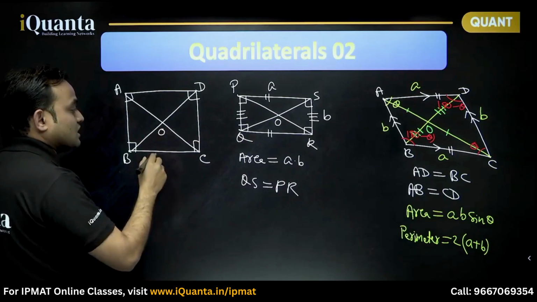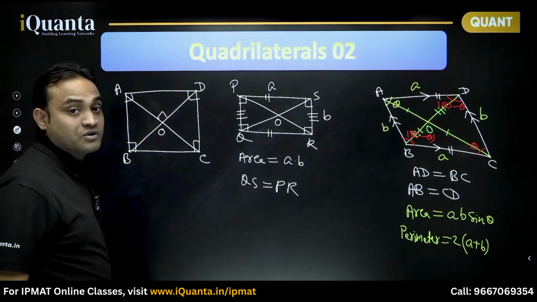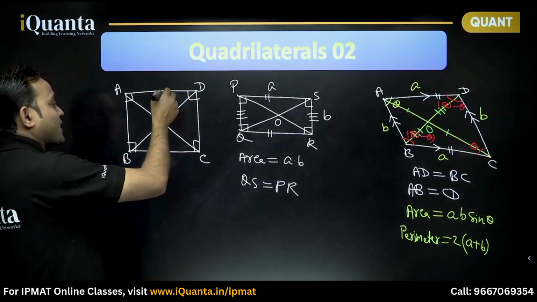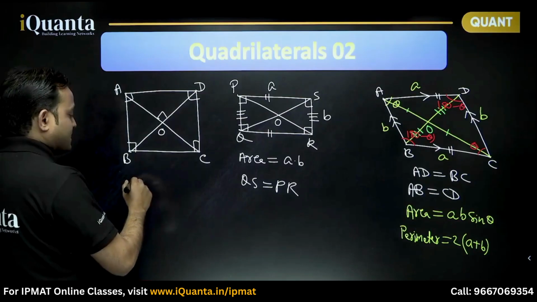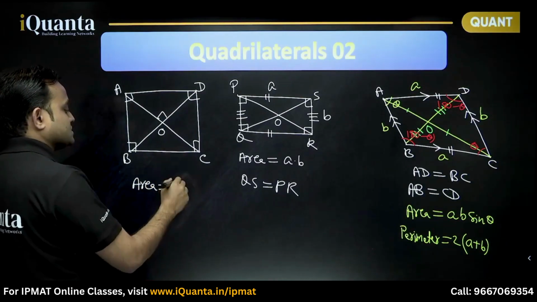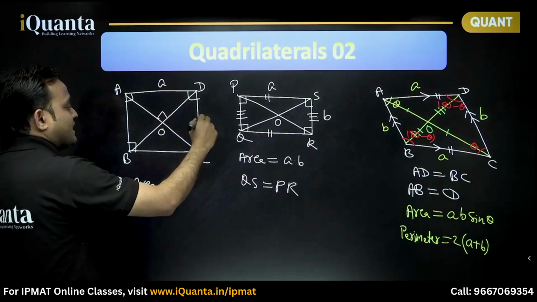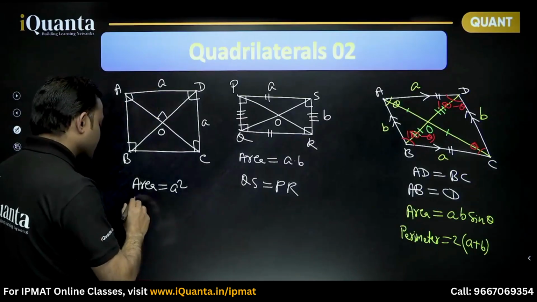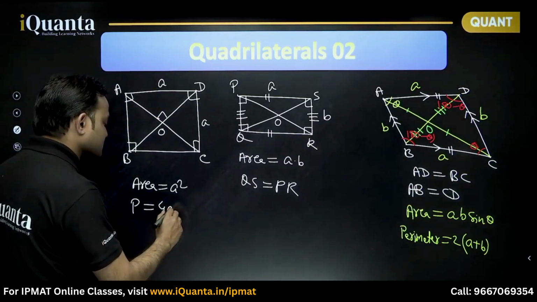They are equal and they are also perpendicular to each other. Apart from that, we can also find the area. Area of a square will be equal to a square because the side lengths are a and a. Perimeter P will be equal to 4 times a.